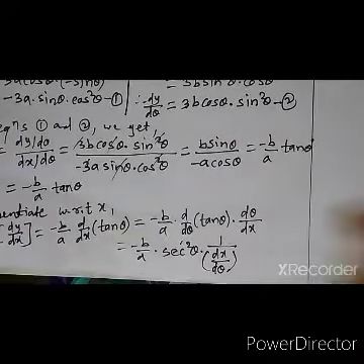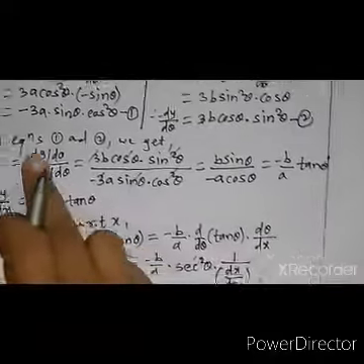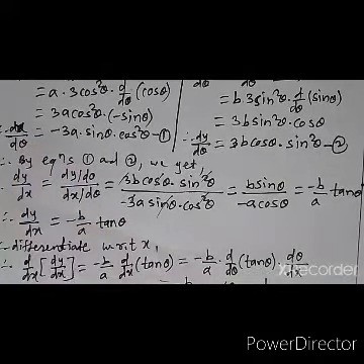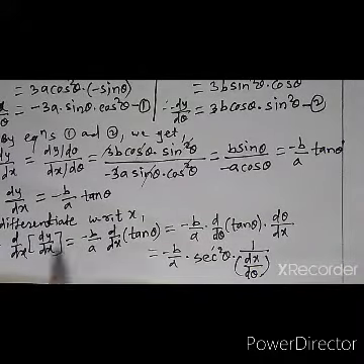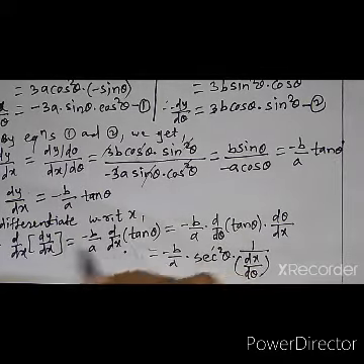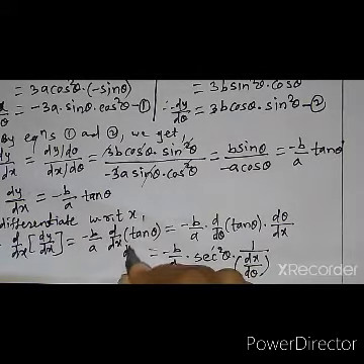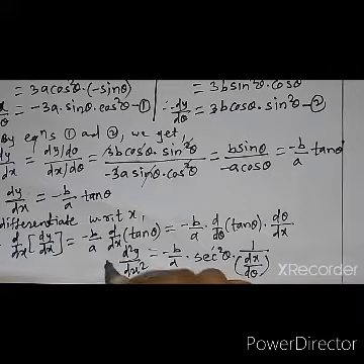Now we have to put the value of dx upon d theta by equation 1. So here we got d by dx of dy by dx, that is d square y upon dx square.